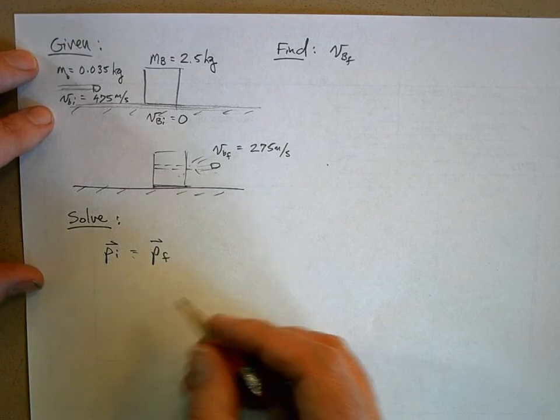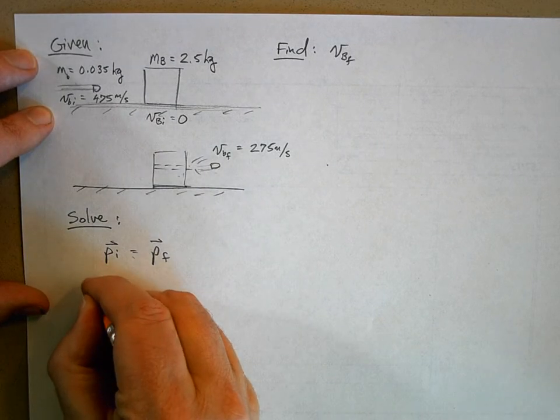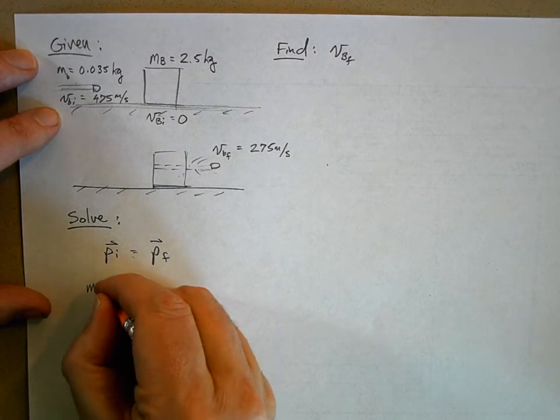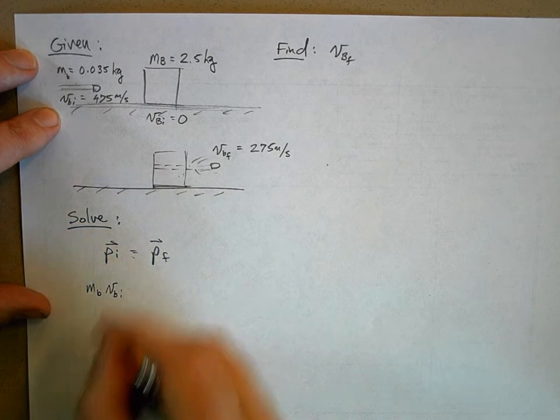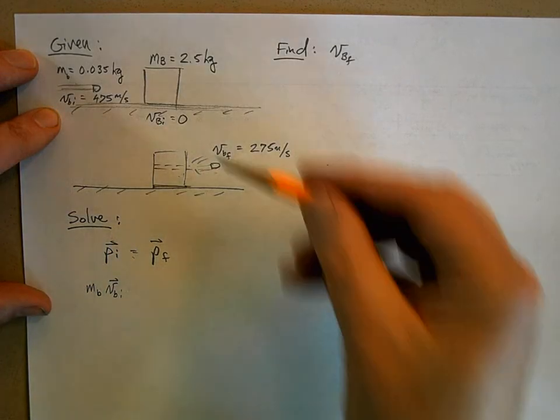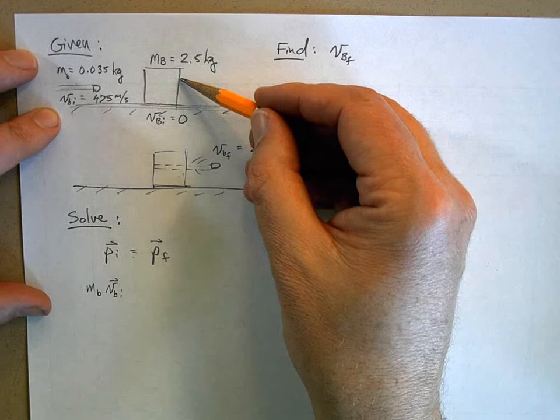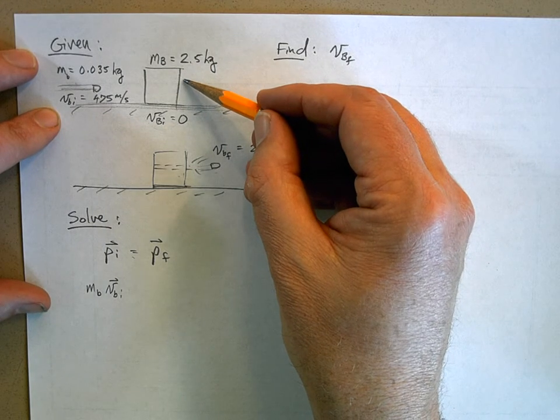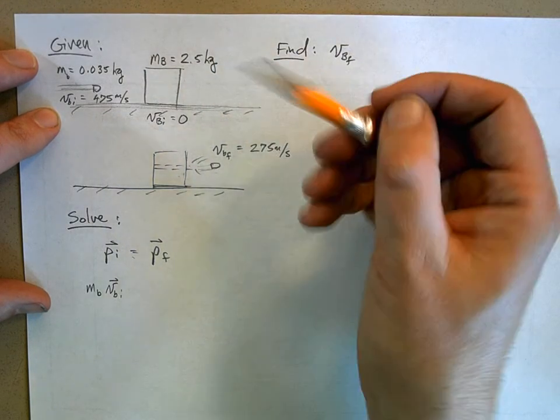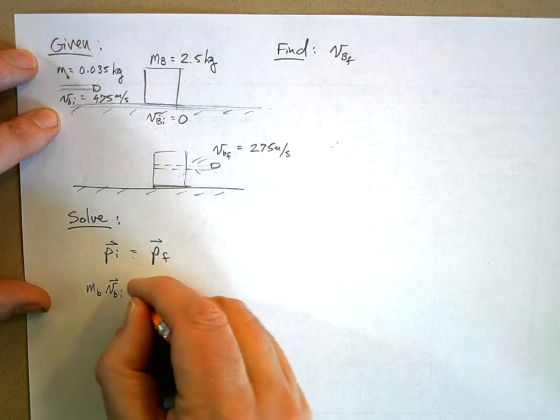So where is the momentum? Well, it's the mass of the bullet times the initial velocity of the bullet. Now I look at the block. The block isn't moving, so its momentum is 0. So I'm just going to leave it out.